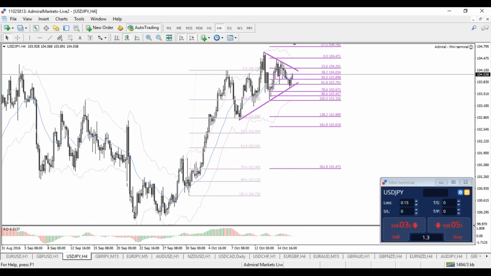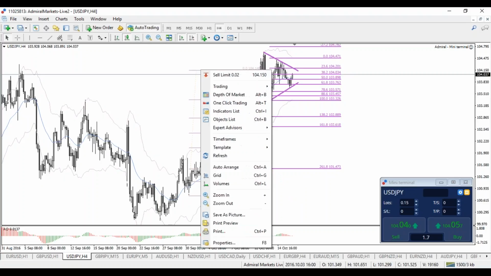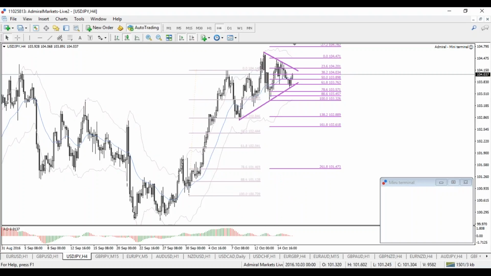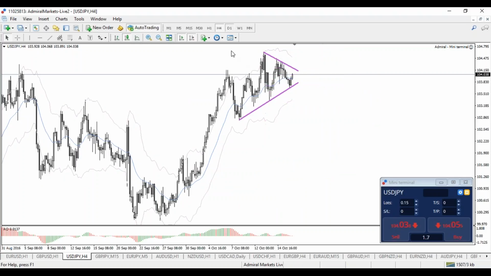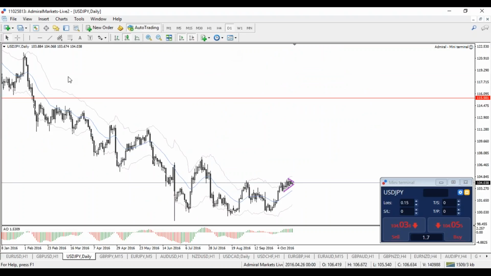On the daily chart, oh, that's a lot of fibs. Okay, wait, let me get rid of this. And this. All right, here we go. Big daily downtrend. That's broken. And there seems to be a pattern here. So this could be just part of a C or 3 wave pattern.